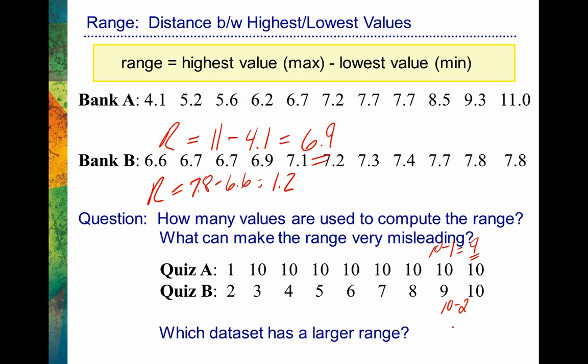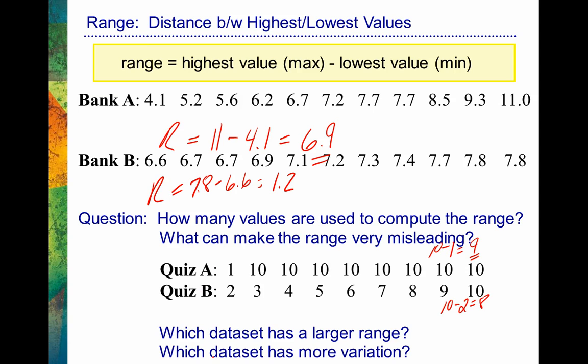So we take the maximum of 10, subtract the minimum of 2, and we'd find a range of 8. So in this case, which data set has the larger range? Class A. But again, look, they have almost all the same scores. The range isn't doing a good job of showing that in reality, it seems like there's quite a bit more variability in Class B than there is in Class A.